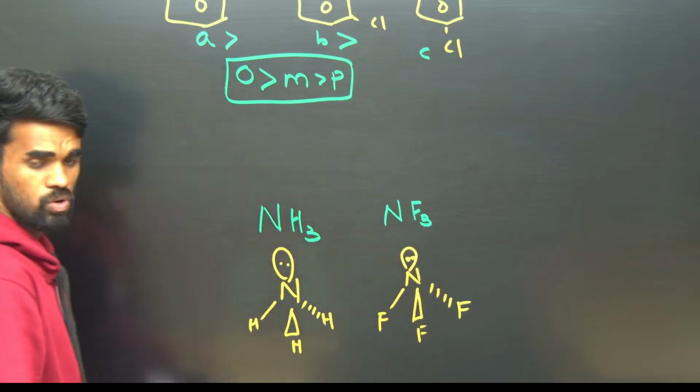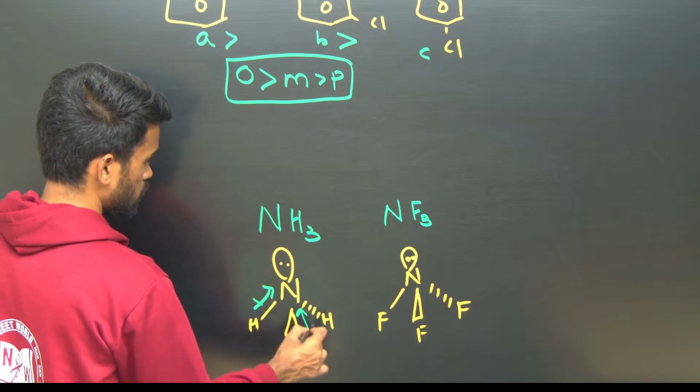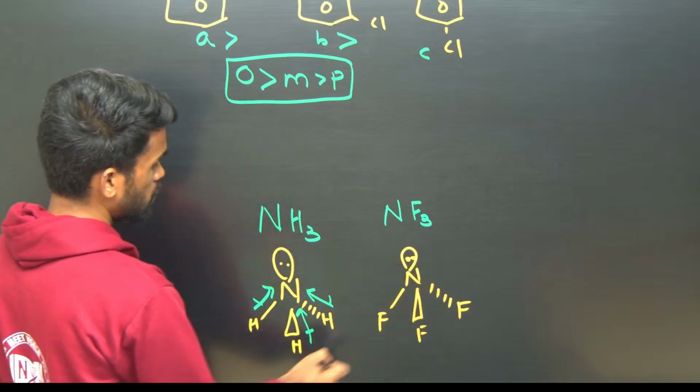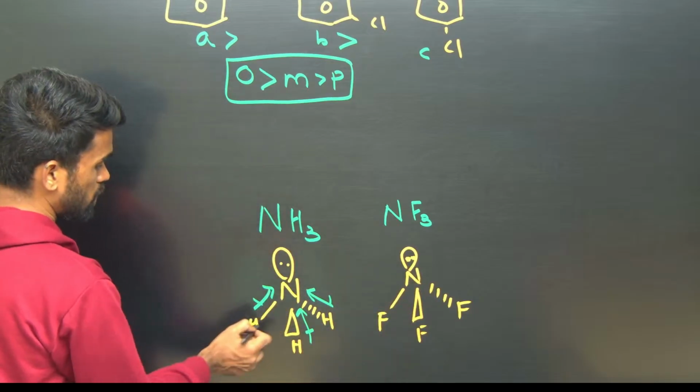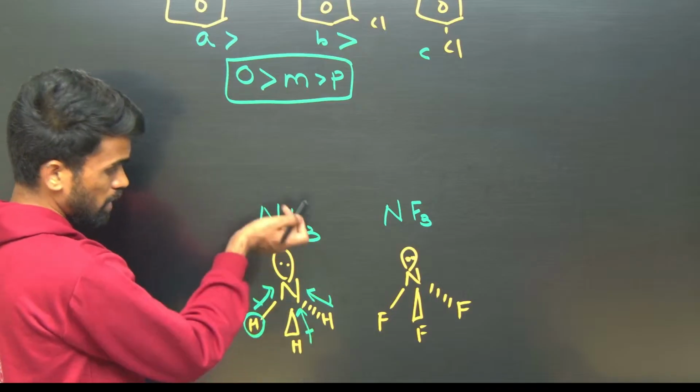Now tell me, which side does the dipole moment move? Like this. But what about here? Which is more electronegative between hydrogen and nitrogen? Nitrogen, that's why the dipole moment is moving upward.